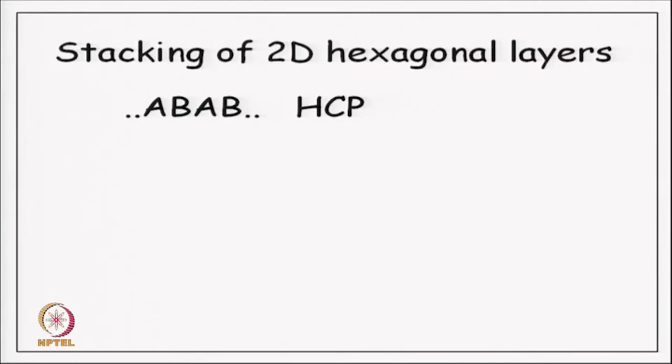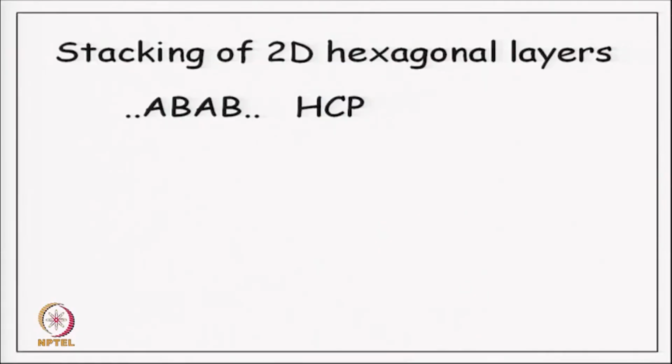So, AB stacking gave us the hexagonal close packed crystal structure. Of course, in terms of lattice, we found that the lattice is simple hexagonal, because there is no lattice like hexagonal close packed. Now, we focus on ABC ABC stacking, this is our current concern.